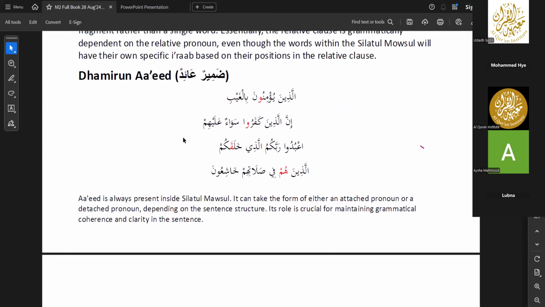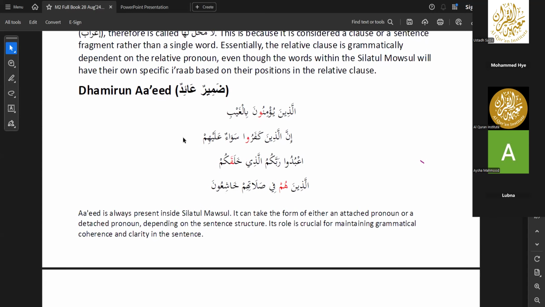Now, before you go, learn this, and it's complete. This one, Damiruna Aid, okay? Learn this. Stop, listen, and digest it. So what we just said is regarding the i'rab. Now, for Dama'ir A'id, the A'id is present in Silatul Mawsul, and you'll see the number.